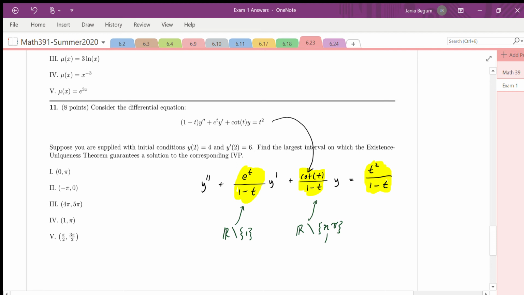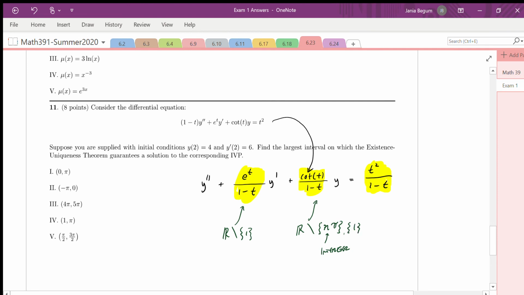So n is any integer, right? So if n is equal to 1, it's pi, n is equal to 2, you have 2 pi. All those points are removed from the domain, and you're also removing t cannot equal 1, right, because of the bottom.